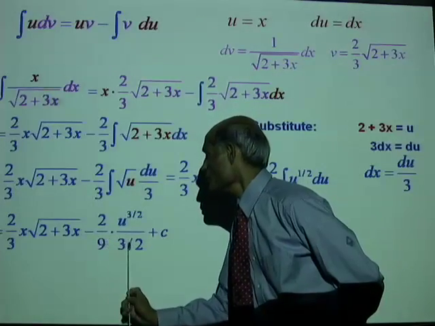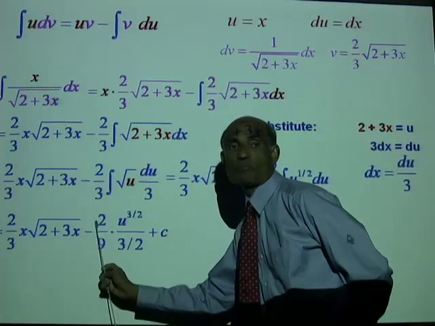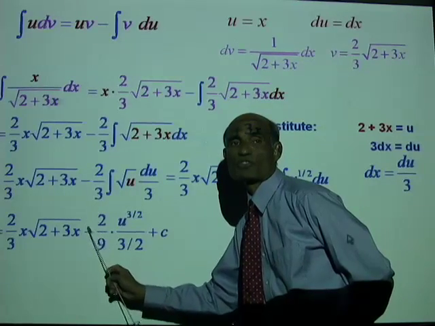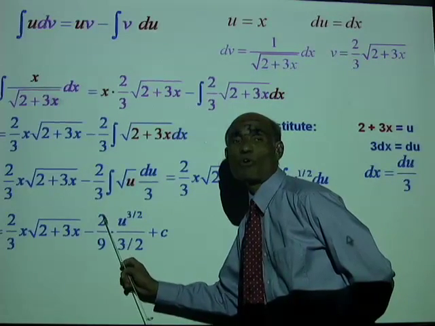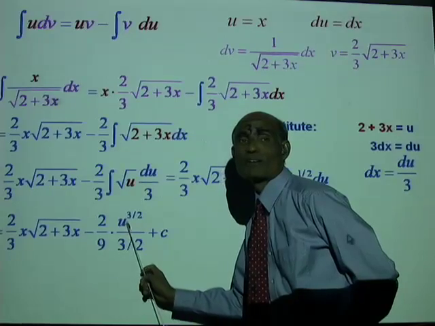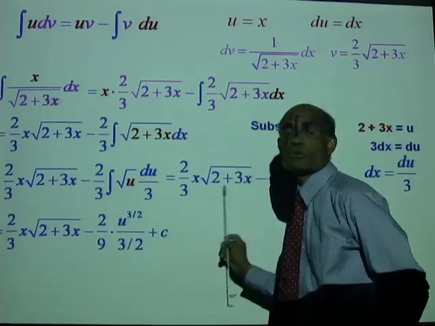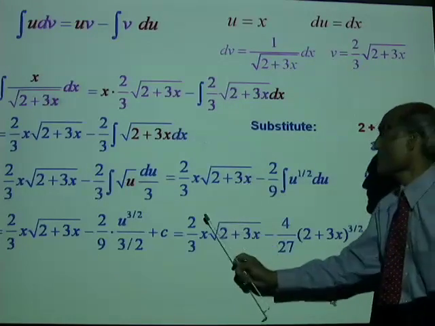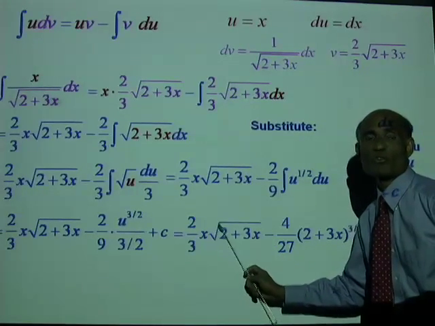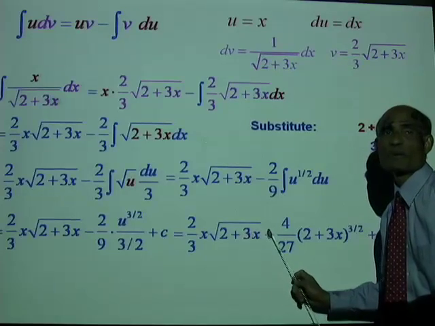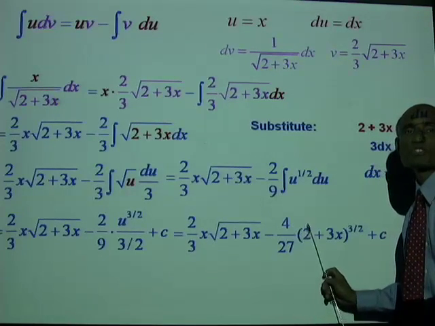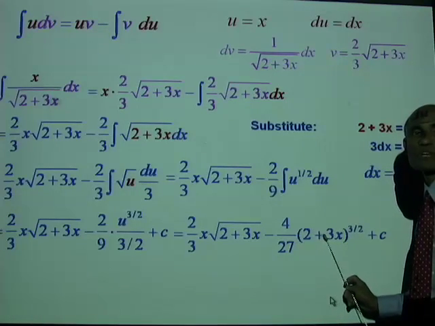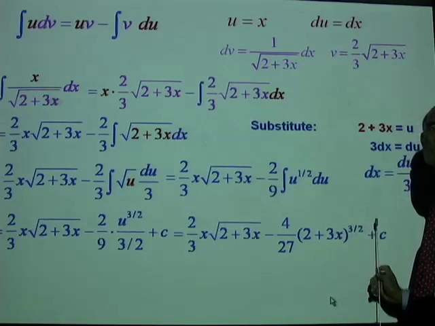And combine this. This 2 will go up, will make it 4, and this 3 will multiply with 9. So the number here will be 4 over 27. And replacing your u with 2 plus 3x, you have 2/3 x square root 2 plus 3x minus 4 over 27 times 2 plus 3x to the power of 3 over 2, plus c.